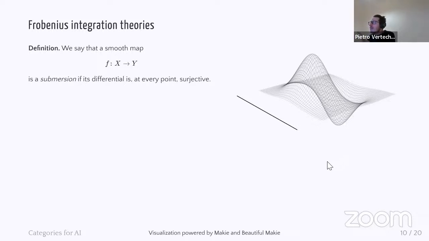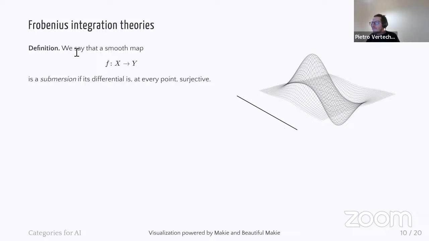I tried to use some graphical representations to make this a bit less abstract. So this surface that I'm representing in wireframe mode is the manifold X, and this line is the manifold Y, and the projection of the surface to the line is the map F.